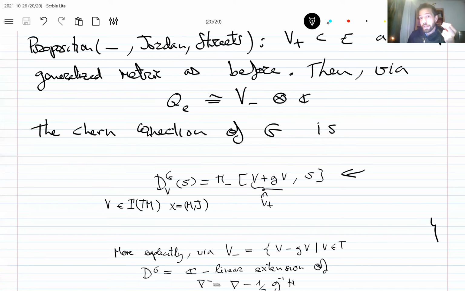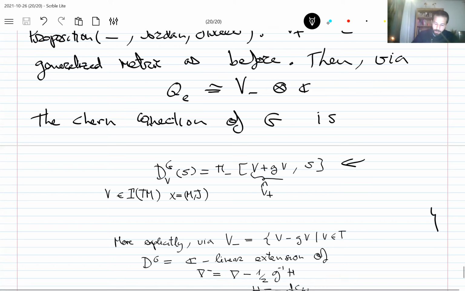And if you now calculate what is b-plus-GV on a 0,1 vector field, this is just e^{i sqrt of omega} acting on omega, and this is precisely the lifting of tangent 0,1.